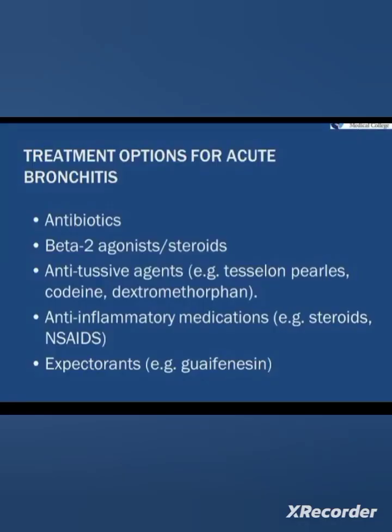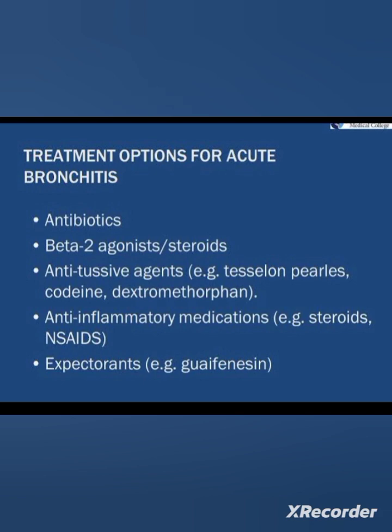The treatment of bronchitis includes antibiotics, beta-2 agonists or steroids, antitussive agents, anti-inflammatory medications, and expectorants. Usually we give more importance to the bronchodilators, especially nebulizing agents, albuterol, salbutamol, etc. That will reduce the inflammation in the bronchus, and the person can easily breathe after the nebulization.